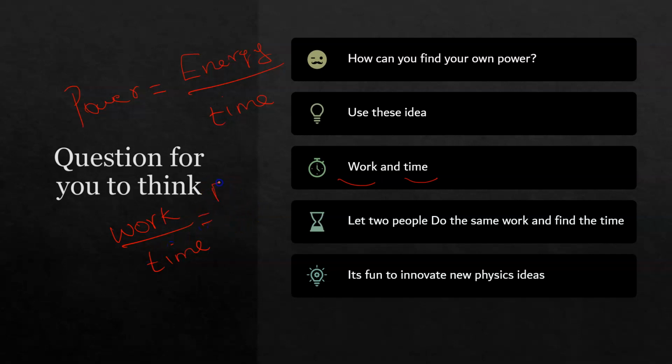And you know what is work done, you can find it easily: the force multiplied by distance or displacement, divided by time. If you are able to find your force, and then able to find your distance that you travel and able to find your time that you cover the distance, you substitute these values and you can find the power.